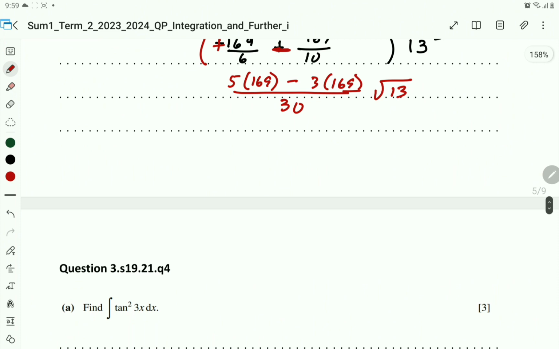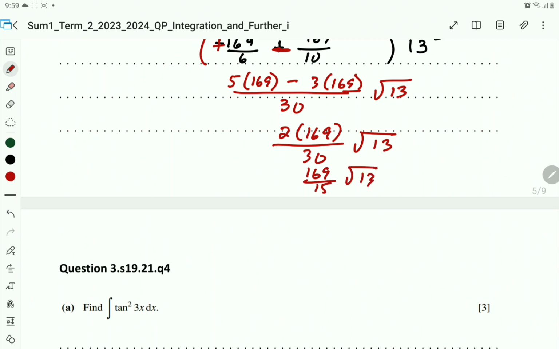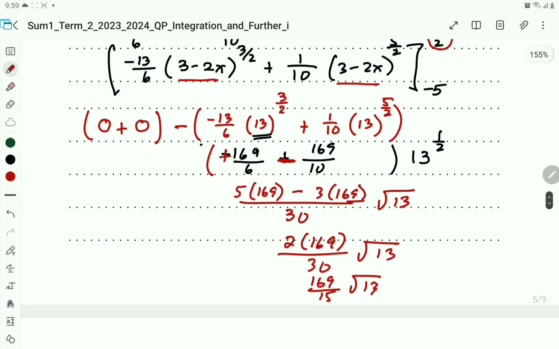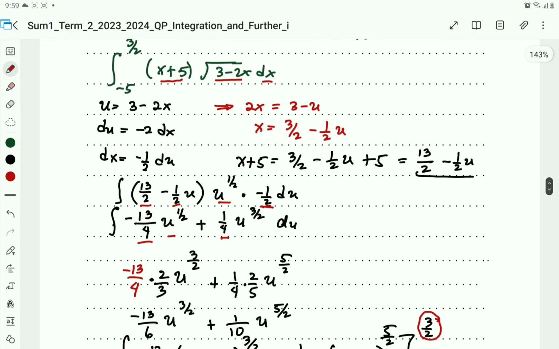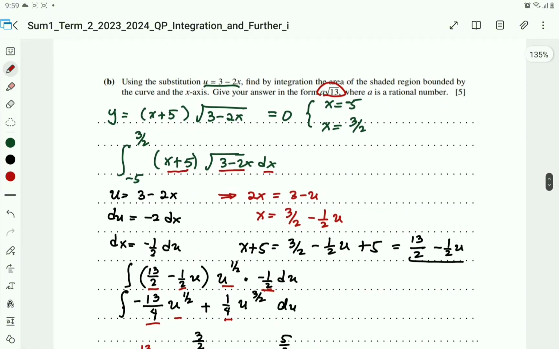So this one is 2 times 169 over 30 square root of 13, which is 169 over 15 square root of 13. Yeah, I think this is the answer. Just check the mark scheme, but I think that's the answer. Okay, that's all for today's video. Thank you.